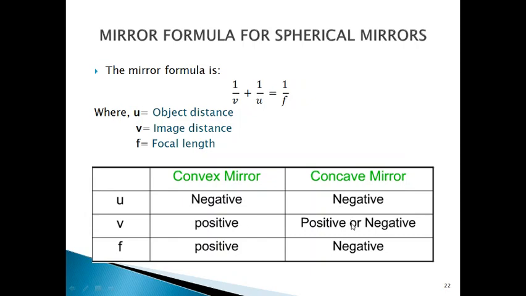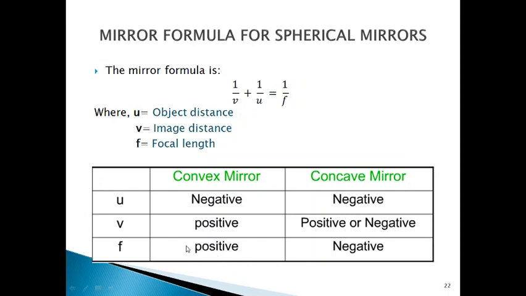But in concave mirror, when the image is formed on the right side of the concave mirror, then the image distance, that is v, will be taken as positive. But when the image is formed on the left side of the concave mirror, then the image distance will be taken as negative.